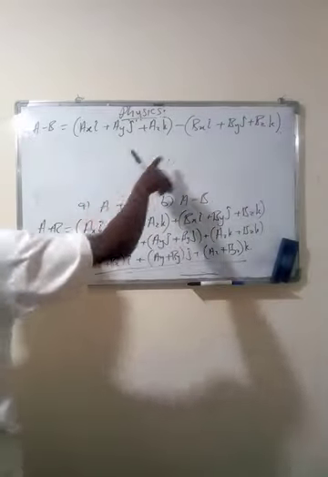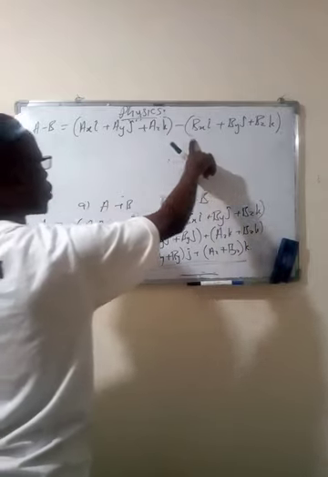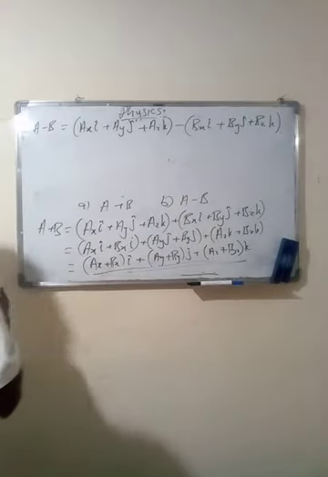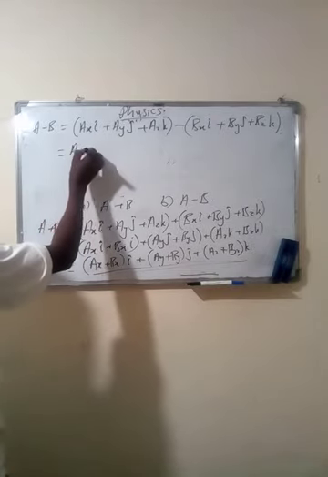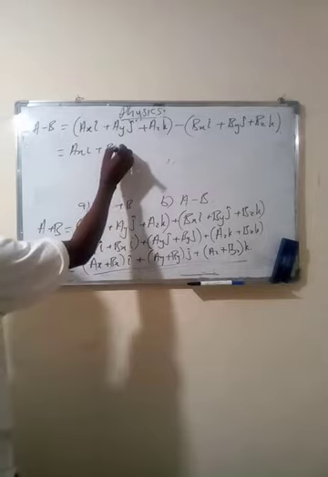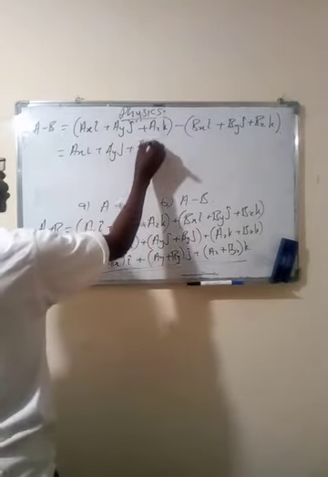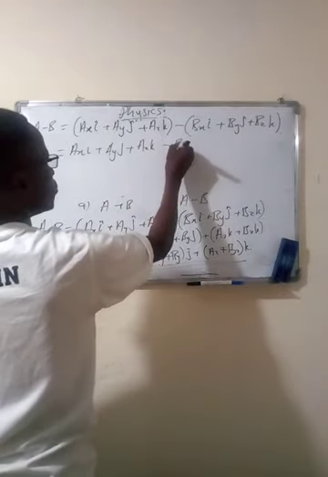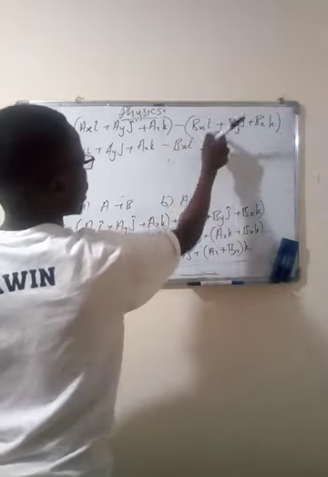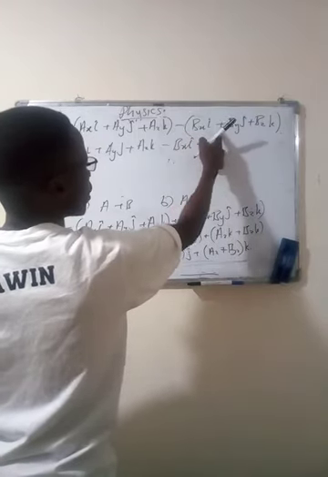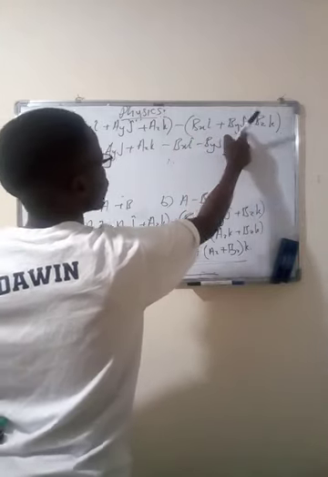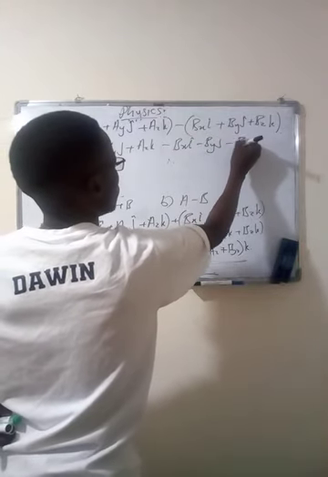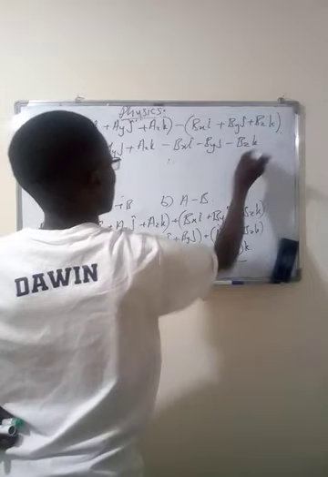Now here we have a negative, so we distribute it throughout the vector B. So this is AxI plus AyJ plus AzK minus BxI minus ByJ minus BzK, because remember, negative times positive is negative.